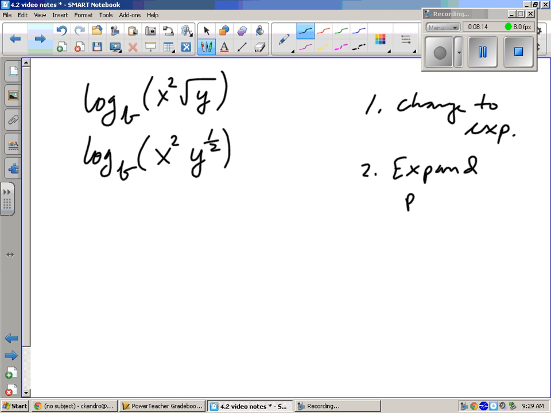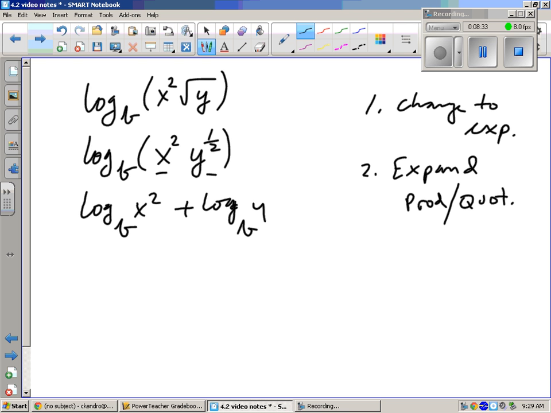The next step would be to expand. You're going to use the product or quotient rules. So let's try that. I have 2 parts, so I'm going to expand that out. So I have log base b of x squared plus log base b of y to the 1/2. The third rule is to use the power rule.